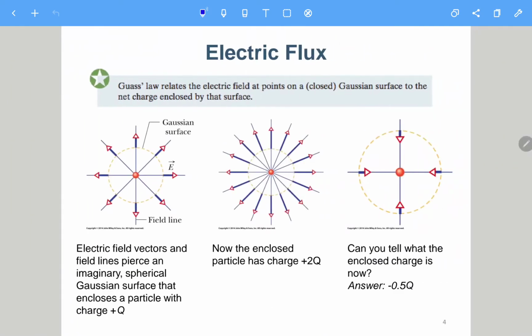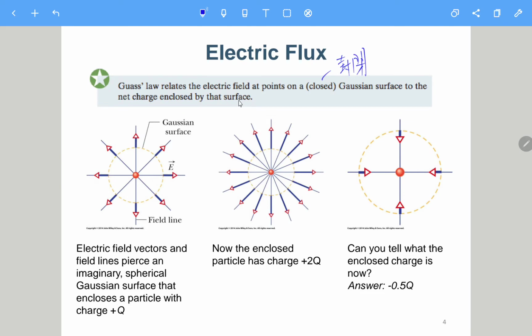Okay, so here we first introduce the electric flux. Gauss's law relates the electric field at points on a Gaussian surface, a closed surface, to the net charge enclosed by the surface.